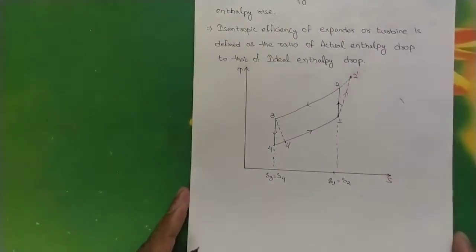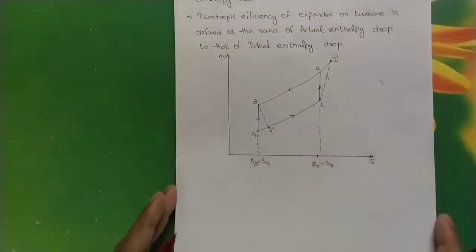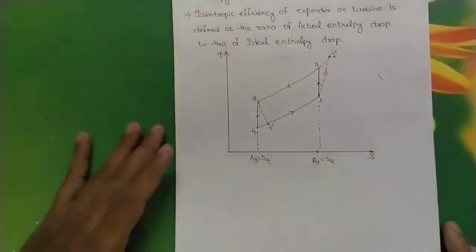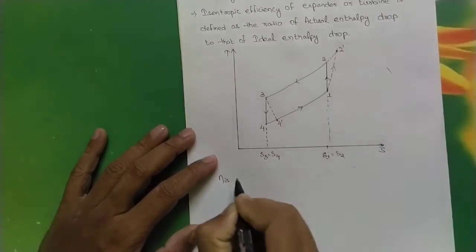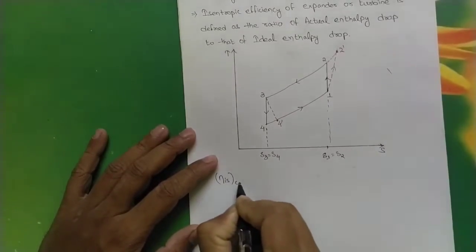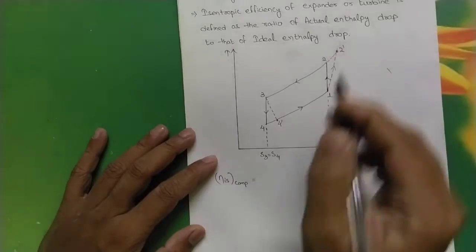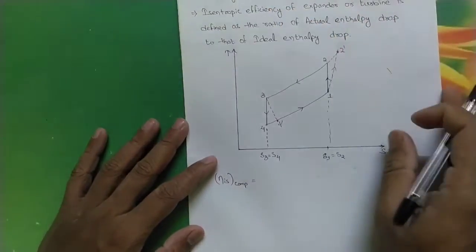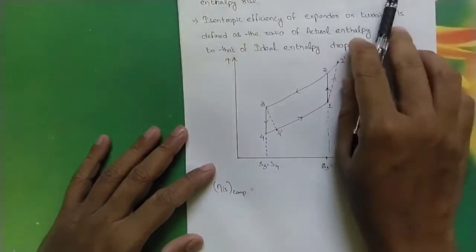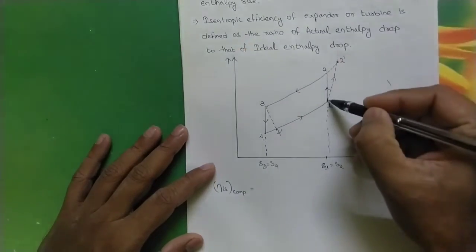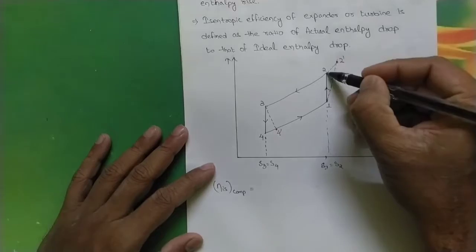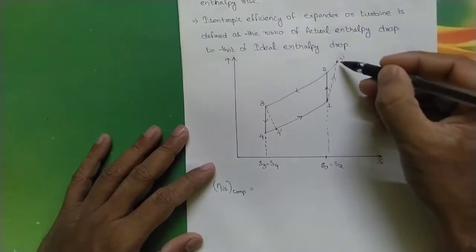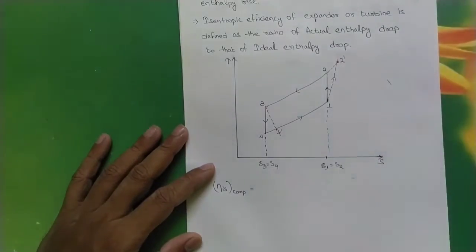Now isentropic efficiency of compressor is defined as ideal enthalpy rise to that of the actual enthalpy rise. From point 1 to 2, this 1 to 2 is the ideal path and 1 to 2 dash is the actual path.